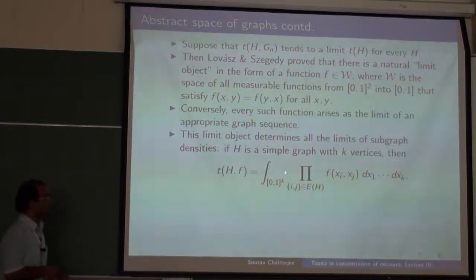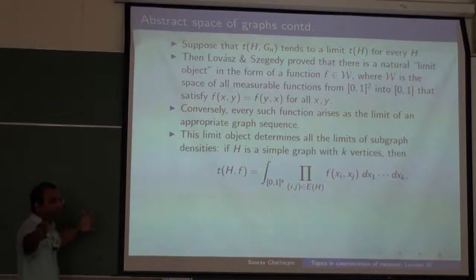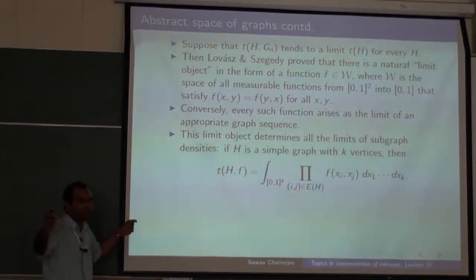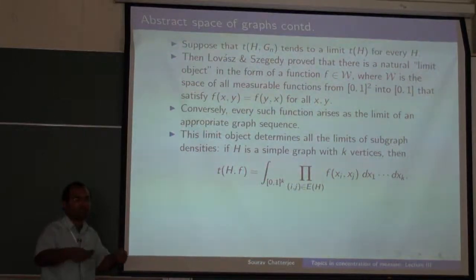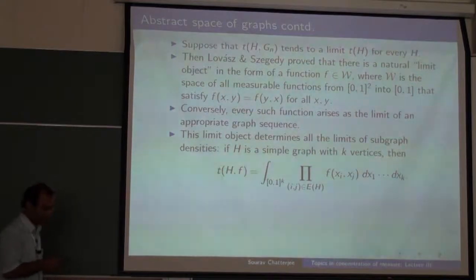So this is the chance that the x_1 to x_k that you have chosen form a subgraph of this continuum graph. So this is basically the density of H in this continuum random graph. You have this continuum of vertices, you connect any two with probability f(x,y), and this is the density of H in that continuum random graph.